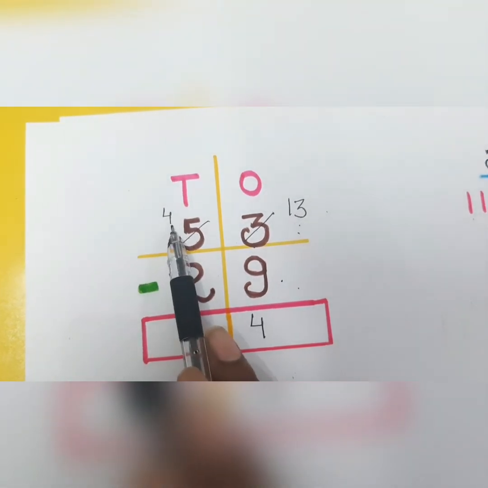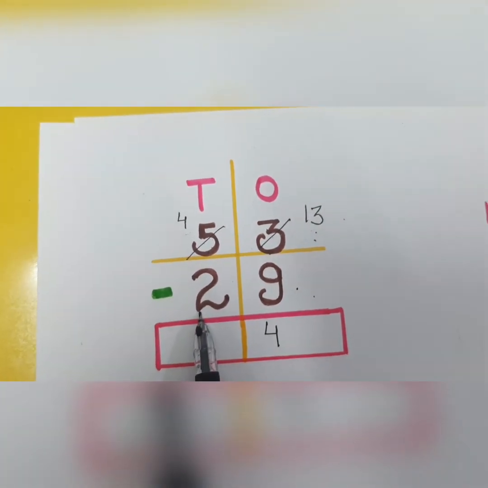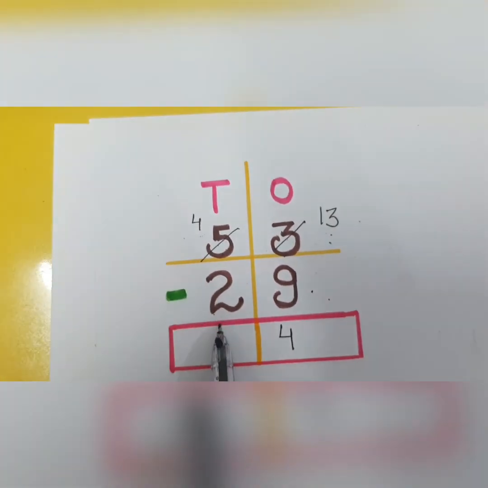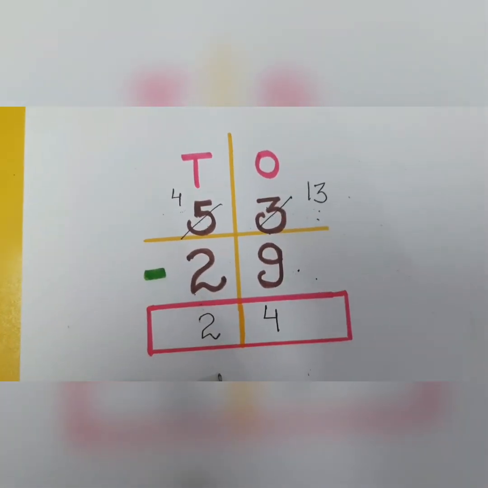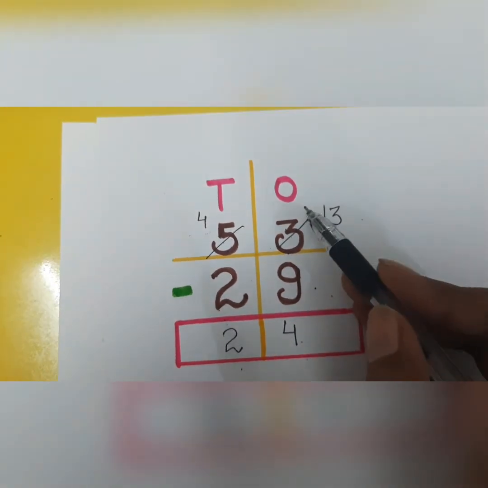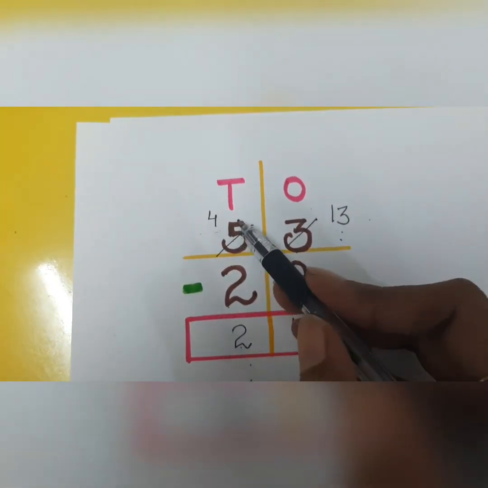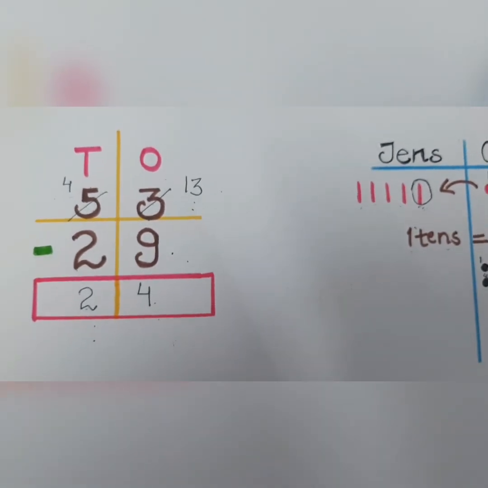Now here we have 4. So from the remaining number, we will subtract the lower number. 4 minus 2, we got 2. So the final answer we have got is 24. 4 at ones place and 2 at tens place. Okay, so likewise we will do more examples.